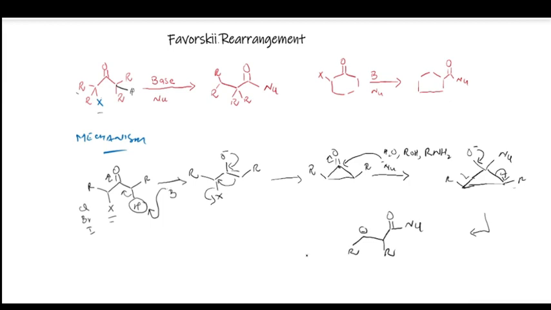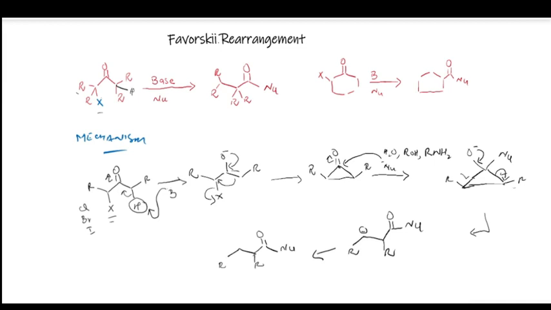Right, so this carbanion will then abstract a proton from the solution and that will lead to the formation of a stable molecule, which would either be a carboxylic acid, an amide, or an ester.